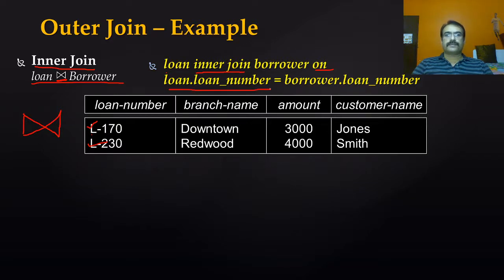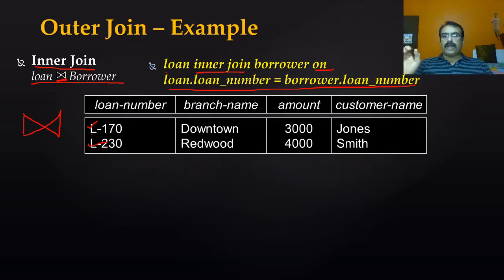On this condition, loan number. As I said, a predicate we can mention. Fine. So wherever loan number from loan is common with loan number from borrower, only those entries will be presented. This is the inner join or a natural join. Inner join is very similar to natural join as a result, but as a query, it will be a little different.